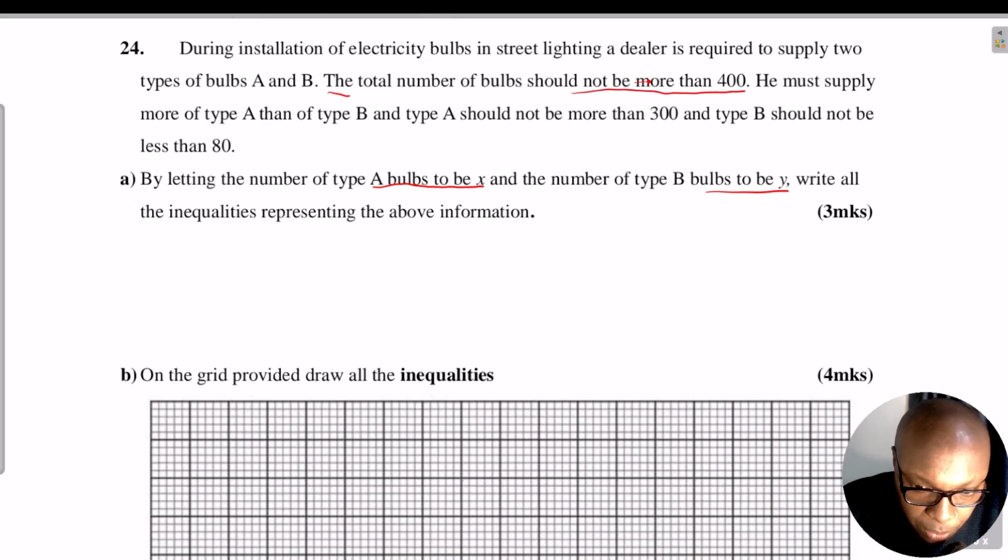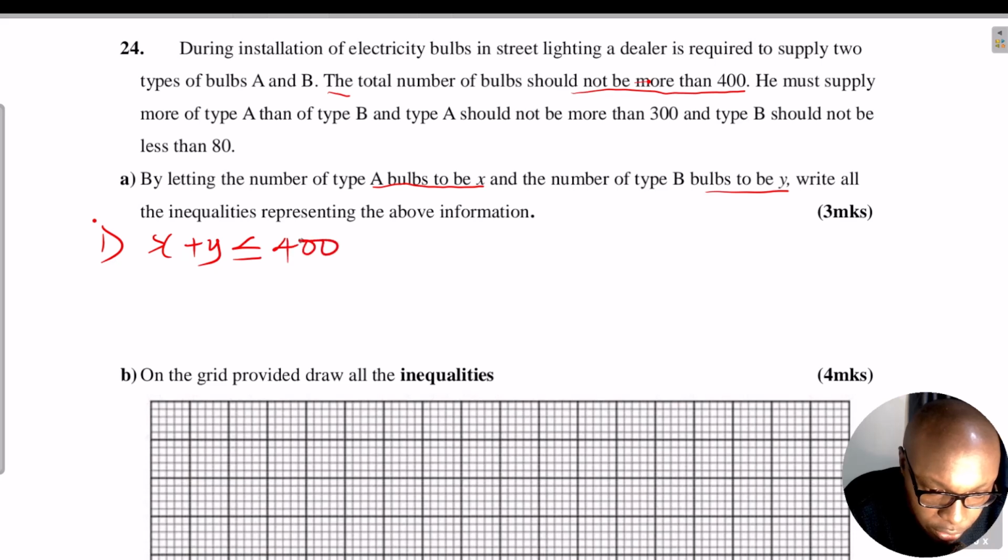That means the sum, that is type A bulbs and type B bulbs, should not be more than 400. So the first inequality will be X plus Y should be less than or equal to 400. That is the first inequality.